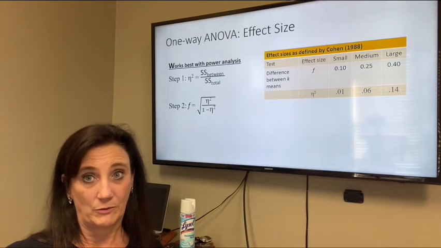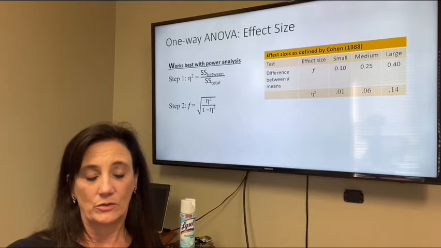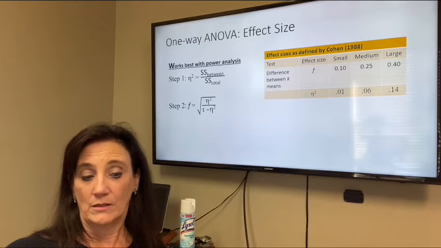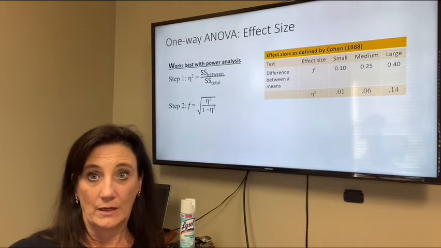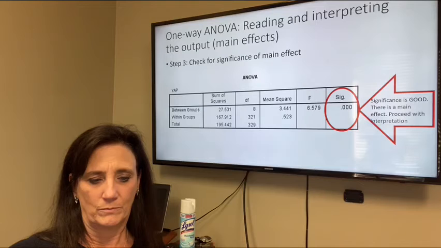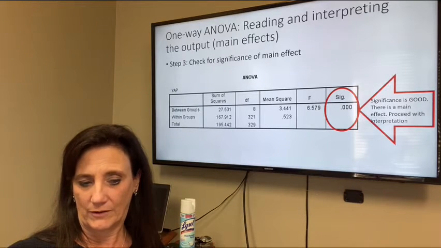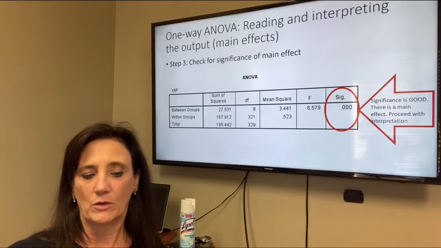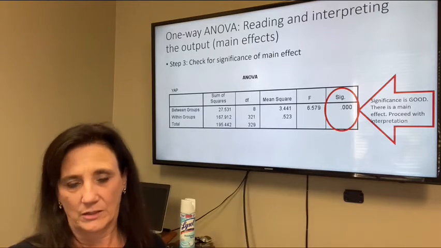Okay, now we have to work on that effect size. Remember I told you earlier that you needed to jot down the sum of squares between and the sum of squares total. Let's scroll back a couple of slides. Sum of squares between 27.53, sum of squares total 195.44. You can carry it out to the third decimal if you want to.